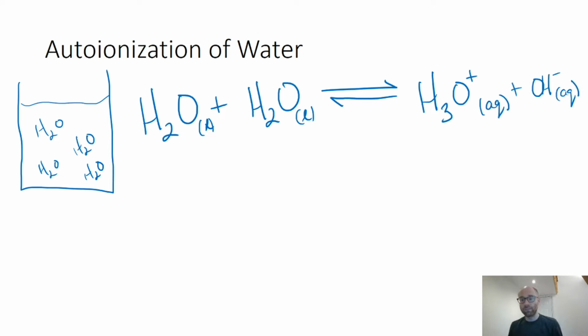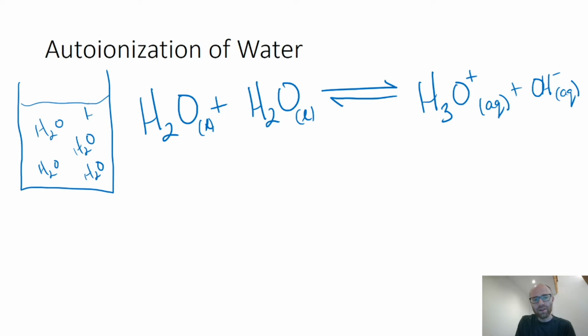This is in equilibrium because obviously those two particles could then recollide and recreate the waters, and so this is constantly happening. But if this is an equilibrium and it's constantly happening, that means there's a constant concentration. So if we can figure out that constant concentration, that might yield some information.